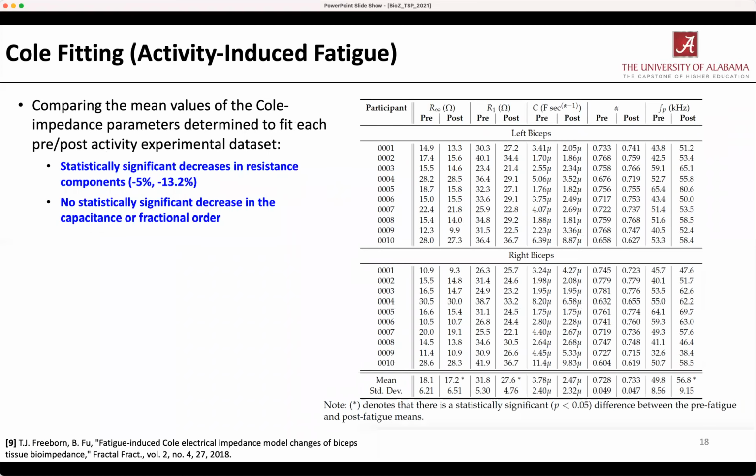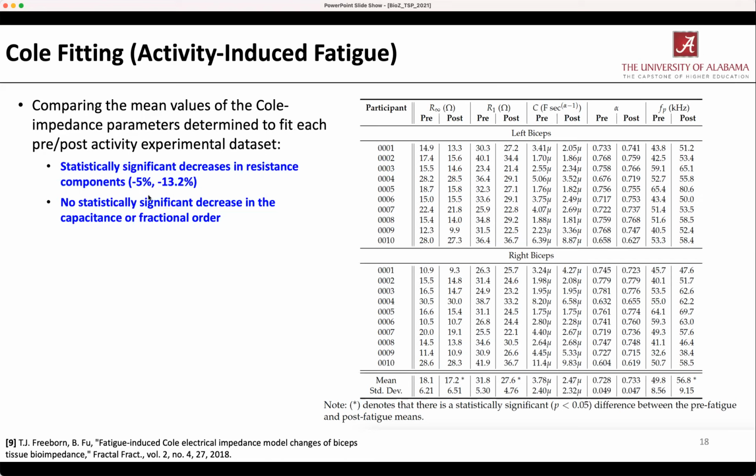Okay, so let's explore and compare these features. These are all the participants that we included in this study. The important features here, let's look at this table down here. We saw statistically significant decreases in the resistance components, R infinity and R1. Comparing the pre and the post, we see a decrease of about 1 ohm for R infinity and around 4 or 5 ohms for R1.